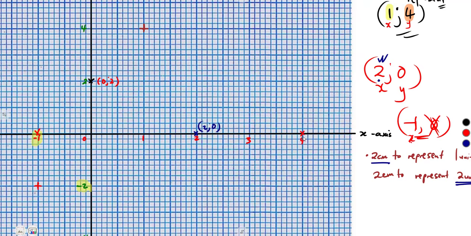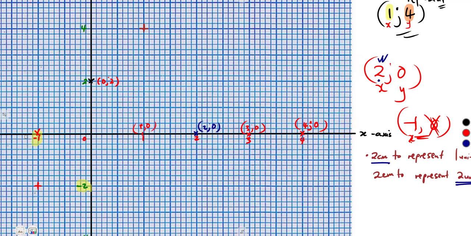So this point simply represents 4, 0, because it is direct on the x-axis. So it means the y value is 0. So the point is 4, 0. This one at 3, it means 3, 0. This one, 1, it means 1, 0. Just like that.